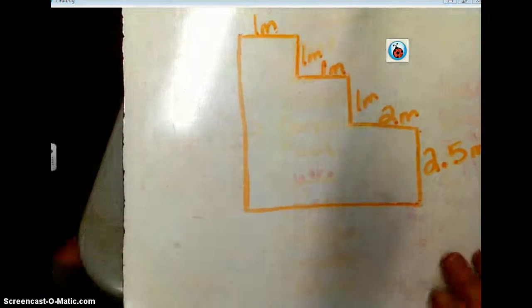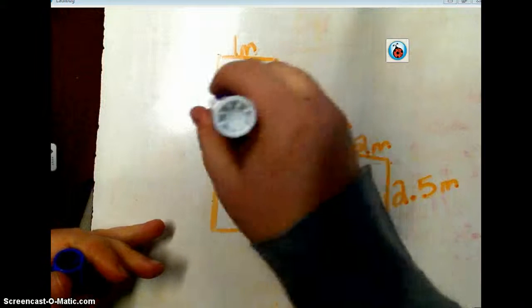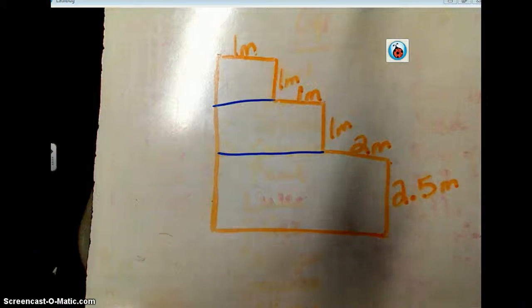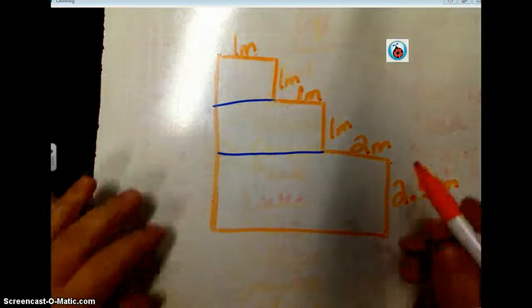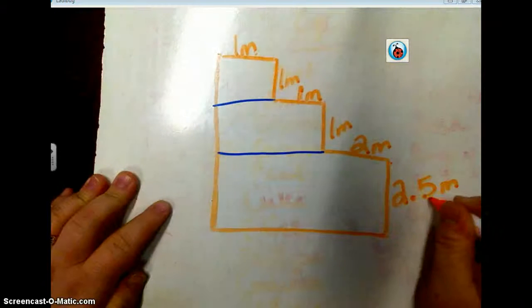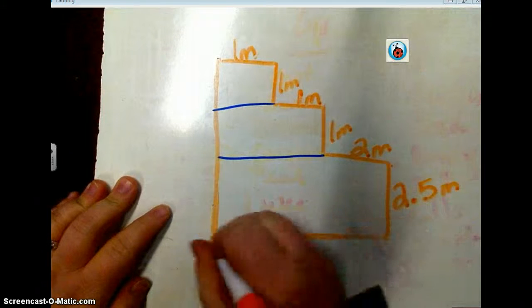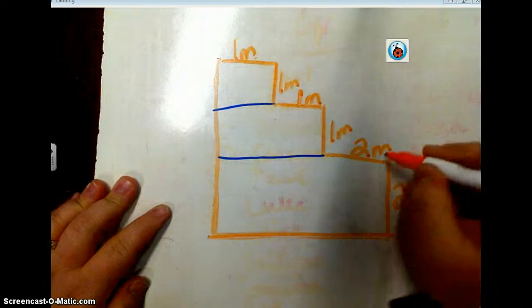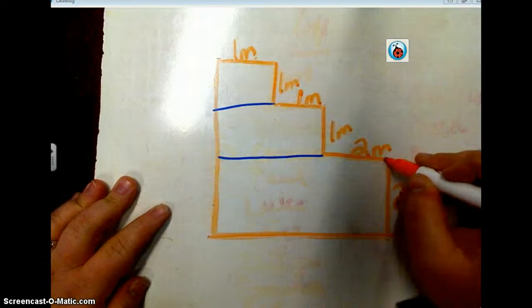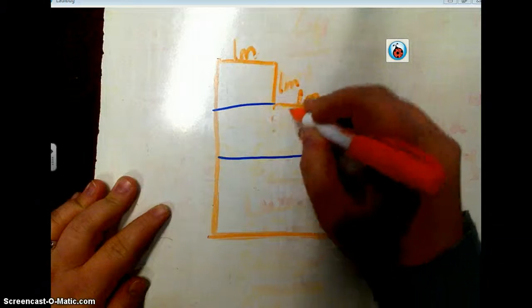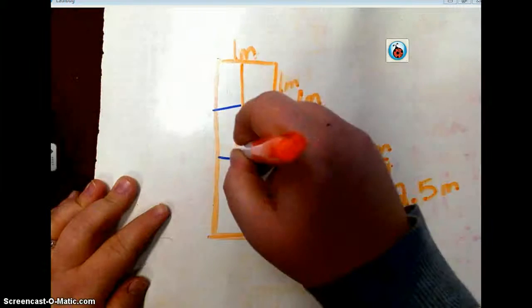When we look at this problem, I'm going to separate it by doing rectangles like this. Okay, so I have to figure out, this part is 2.5, right? I need to figure out how long this bottom base is. So it's going to be 2, 1, 1.